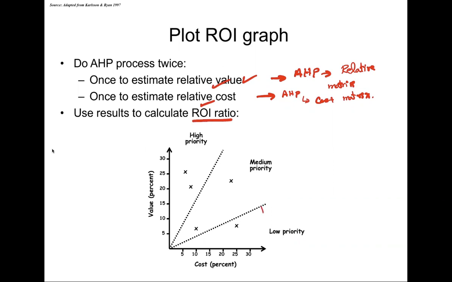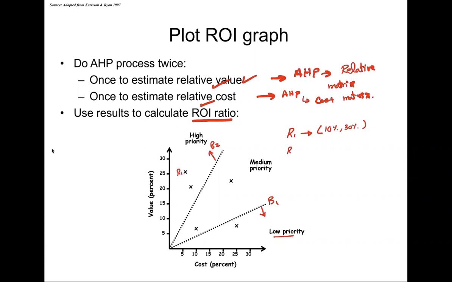Any requirements below, as I said, this boundary 1 would be considered low priority, and any requirements above boundary 2 would be of high priority, and any requirements between boundary 1 and boundary 2 would be immediate priority. Now let's assume requirement 1 has a cost of, let's assume, 10%, and a value of 30%. So requirement 1 should be here.